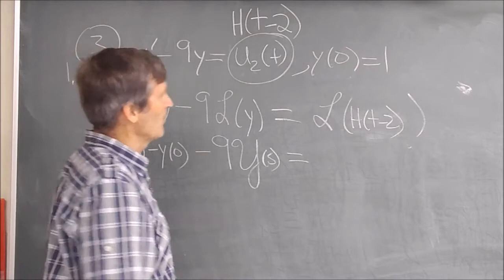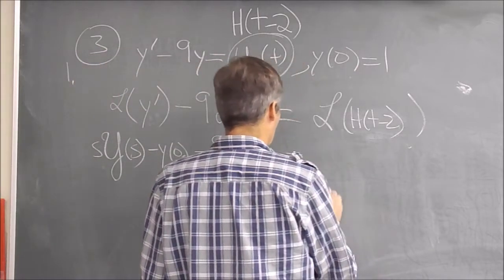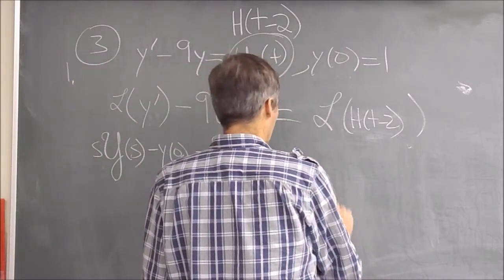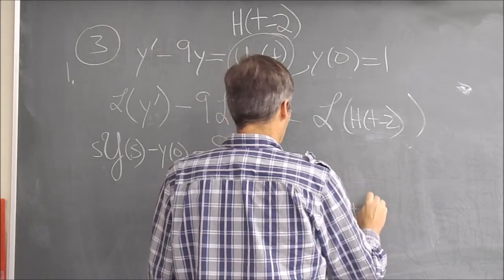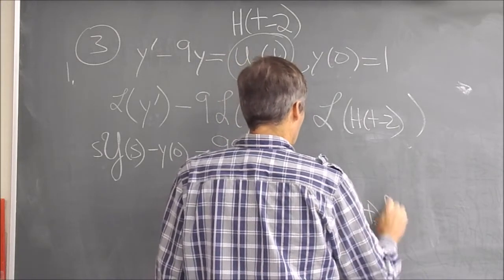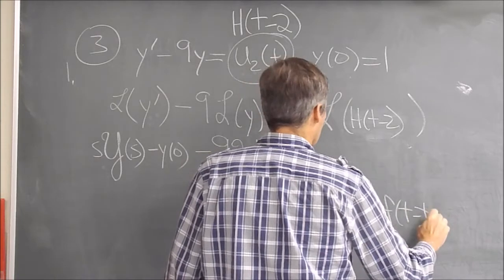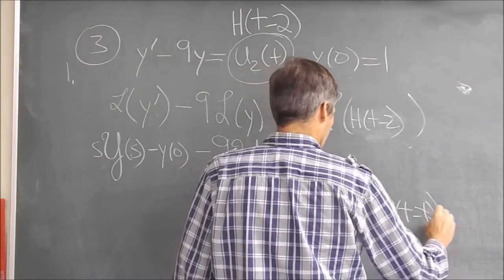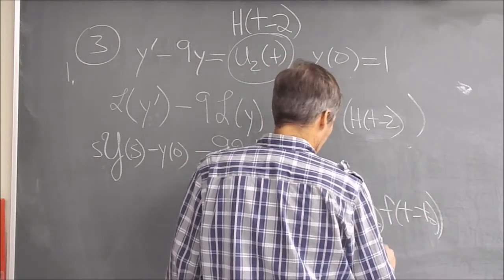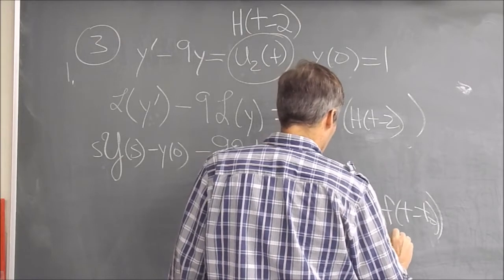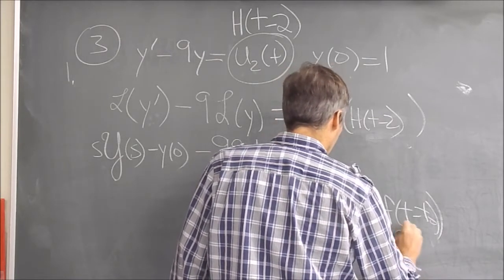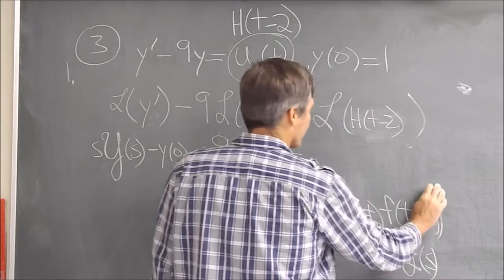Well, we have a theorem that says the Laplace transform of H(t minus t0) f(t minus t0) is equal to e to the minus t0 s F(s), where F(s) is the transform of the unshifted function f(t).